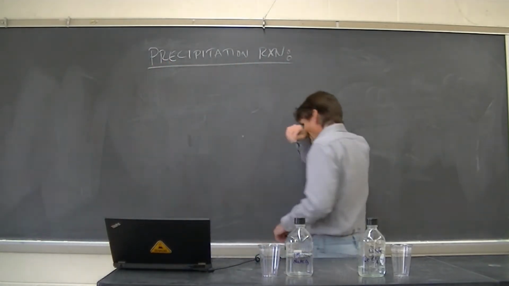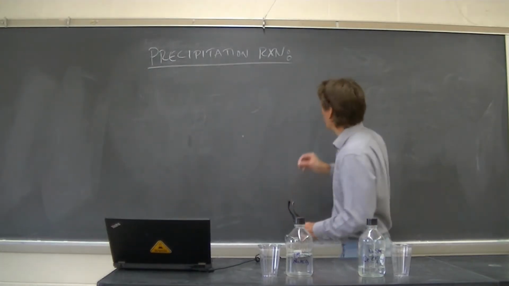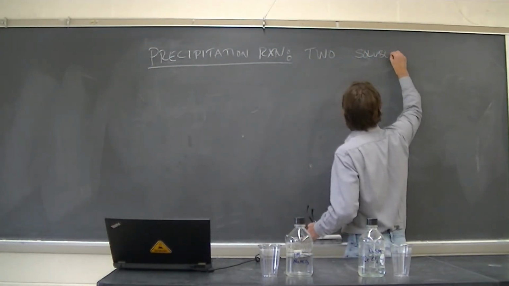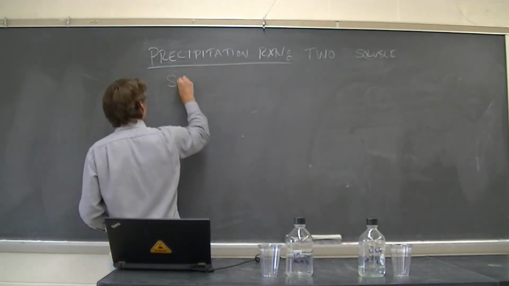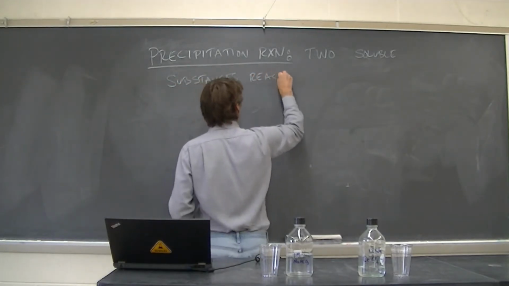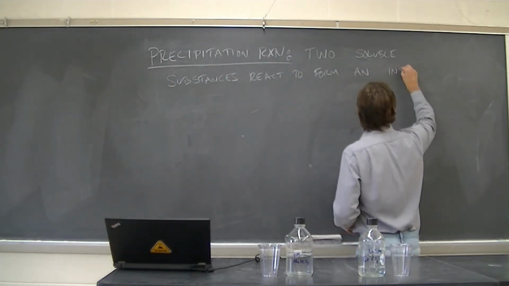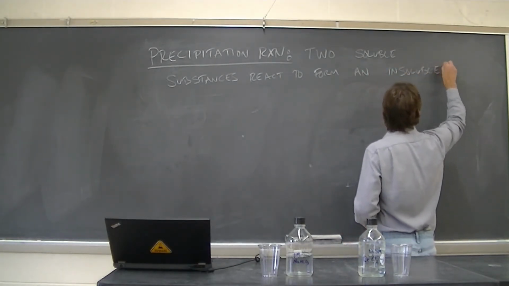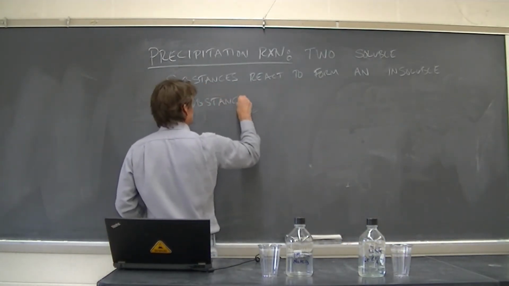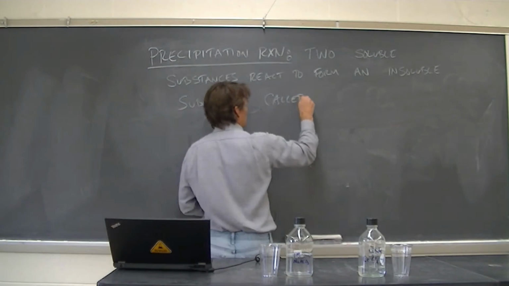In a precipitation reaction, 2 compounds that are soluble in water, that dissolve in water, 2 soluble substances react to form an insoluble substance. And that insoluble substance is called a precipitate. Okay, so they react to form an insoluble substance called a precipitate.